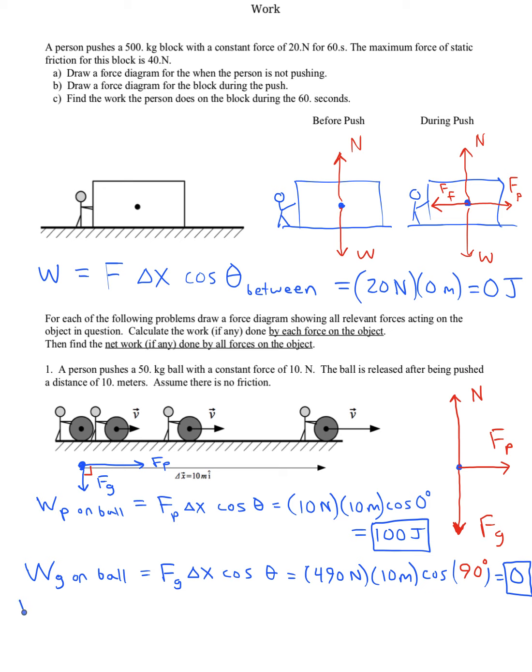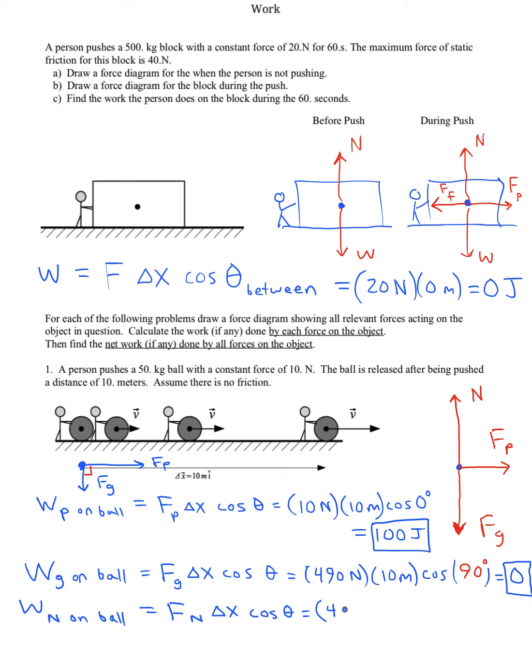And what about the work of the normal force? Well, I hope it's clear, for the same reasoning as the previous one, the normal force is at 90 degrees with the displacement as well.